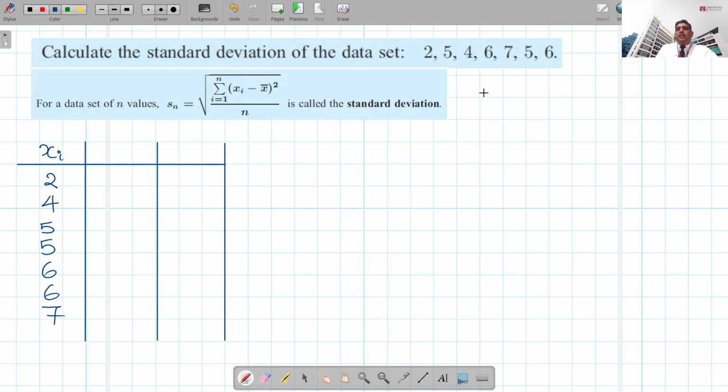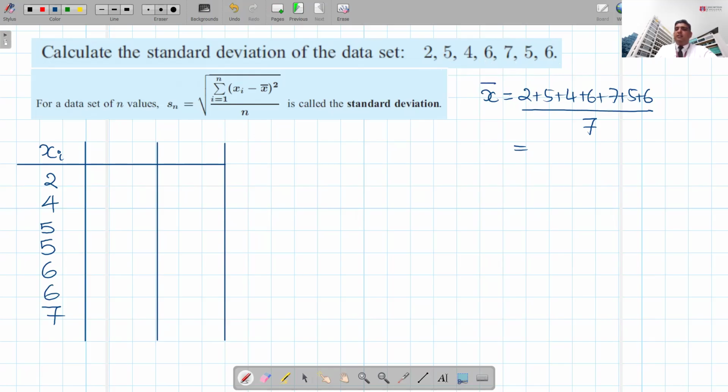Now the first thing I need is x bar, or mean of the data. To find the mean of this data, I do 2 plus 4 plus 5 plus 5 plus 6 plus 6 plus 7, the whole divided by 1, 2, 3, 4, 5, 6, 7. Got it?